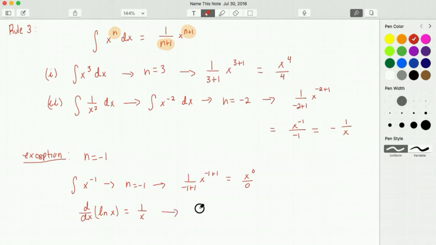Therefore, the integral of 1 over x, or in other words, the integral of x to the negative 1, is going to be equal to ln of x plus c. But we know again that the c drops out, so it's just ln of x.